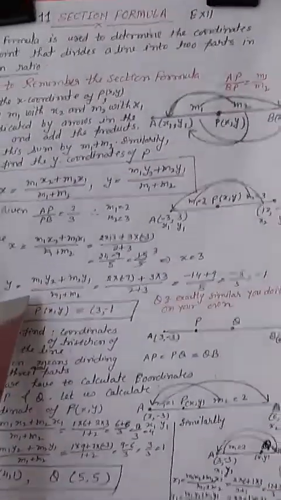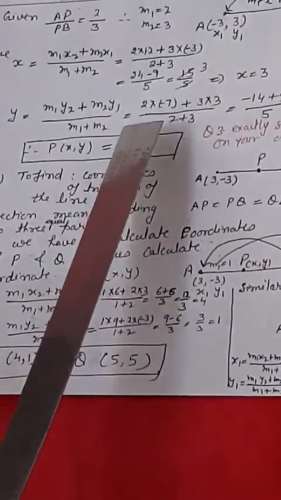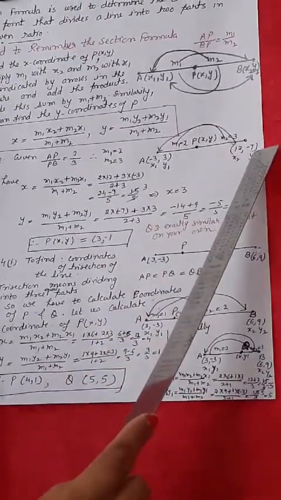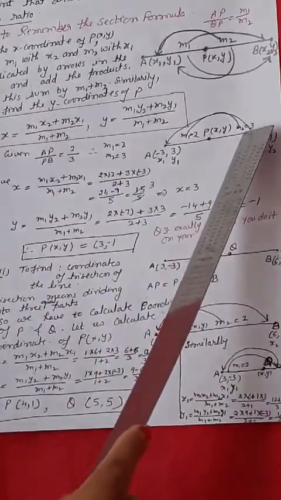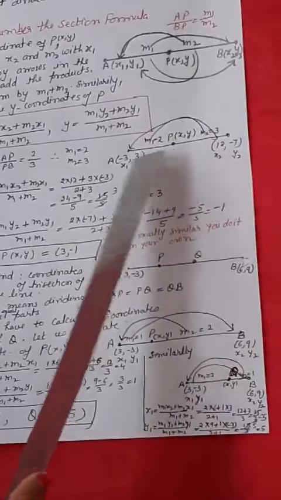The same procedure will be followed for y. First step, we need to write the formula, that is M1 y2 plus M2 y1 upon M1 plus M2. Now again you see, M1 is 2, y2 is minus 7, so 2 into minus 7, plus M2 y1. M2 is 3, y1 is 3.